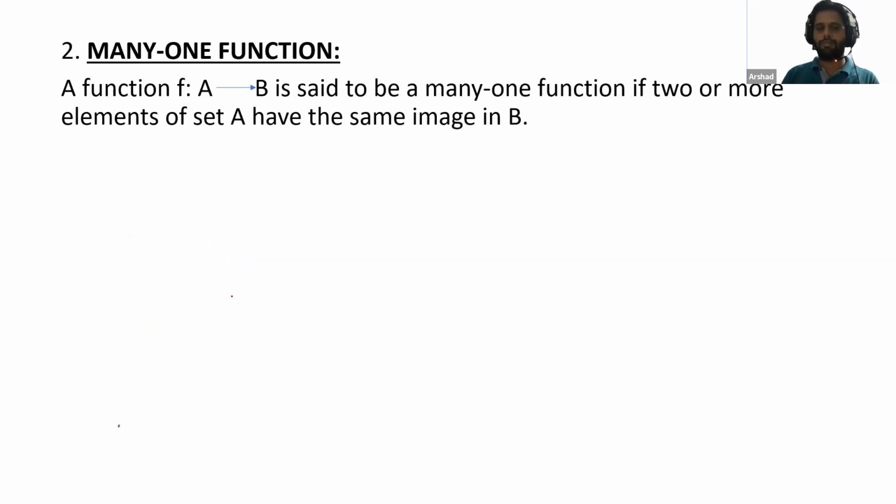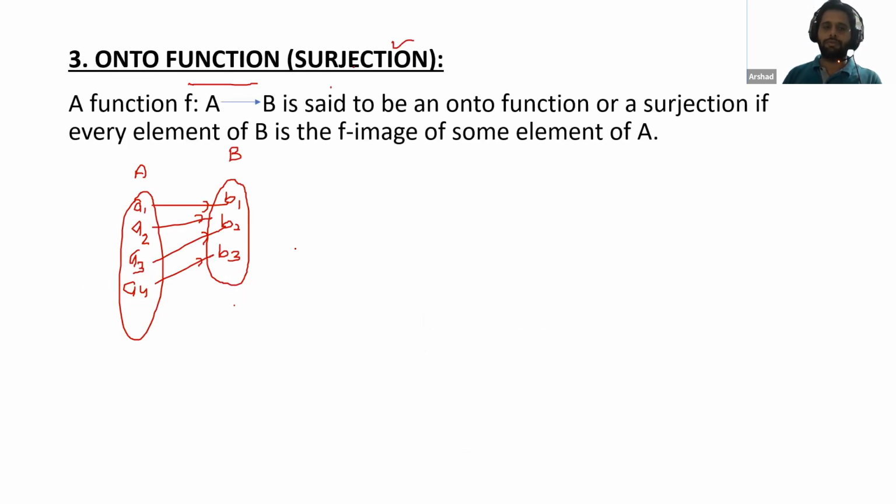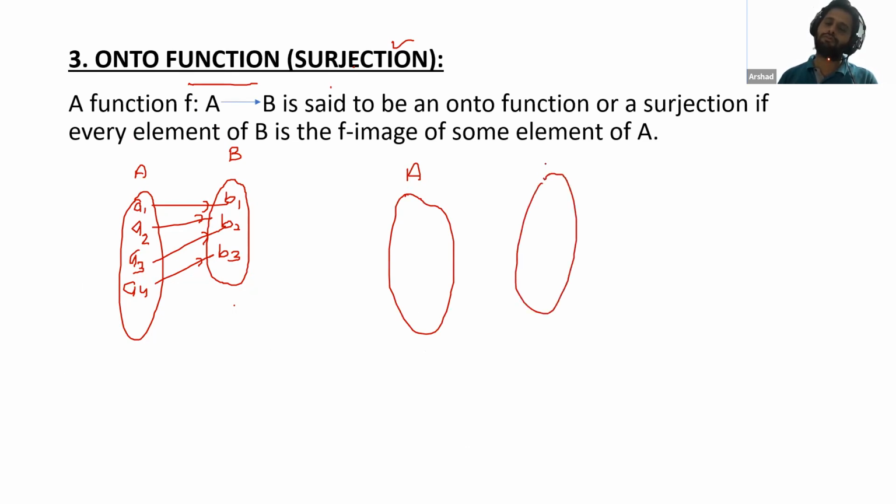So if you check a previous case, for example, if we have this one, again the same thing, but this should be a function. So you need to check first that it satisfies the condition of a function or not. So we have set A1, A2, A3, and A4, and another set B1, B2, B3, and B4.